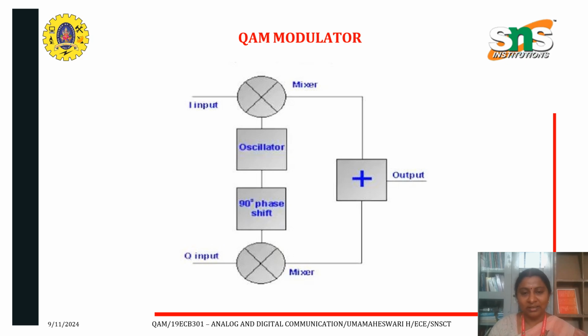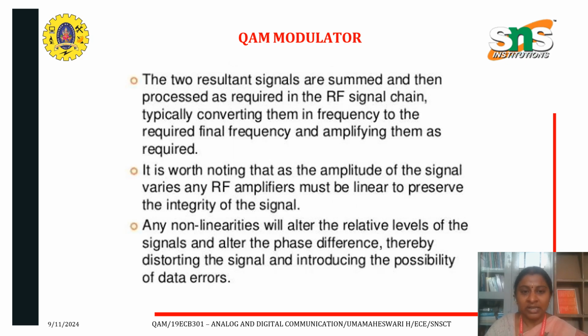This is the diagrammatic representation of the QAM modulator, where the input is given to the mixer and then to the oscillator and the 90-degree phase shifter, and then the mixer again; both mixers give the output. Here the two resultant signals are summed and then processed as required in the RF signal chain, typically converting them in frequency to the required final frequency and amplifying them as required.